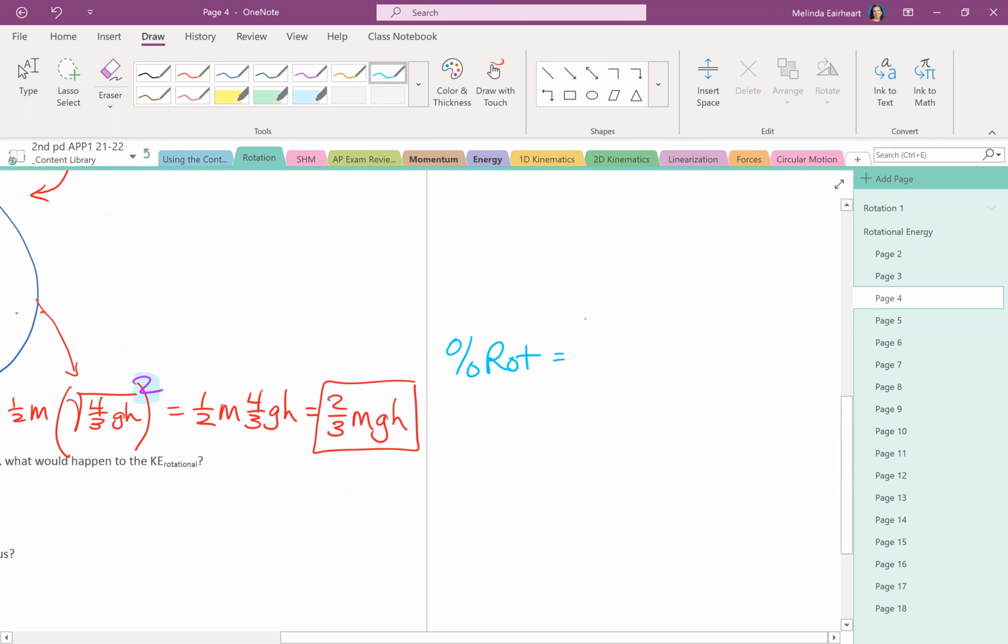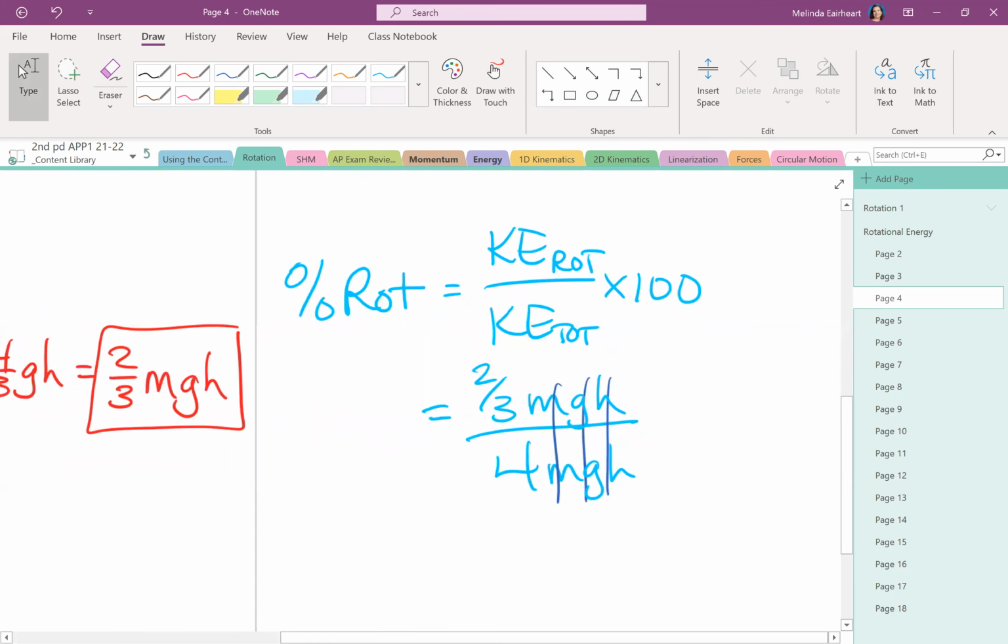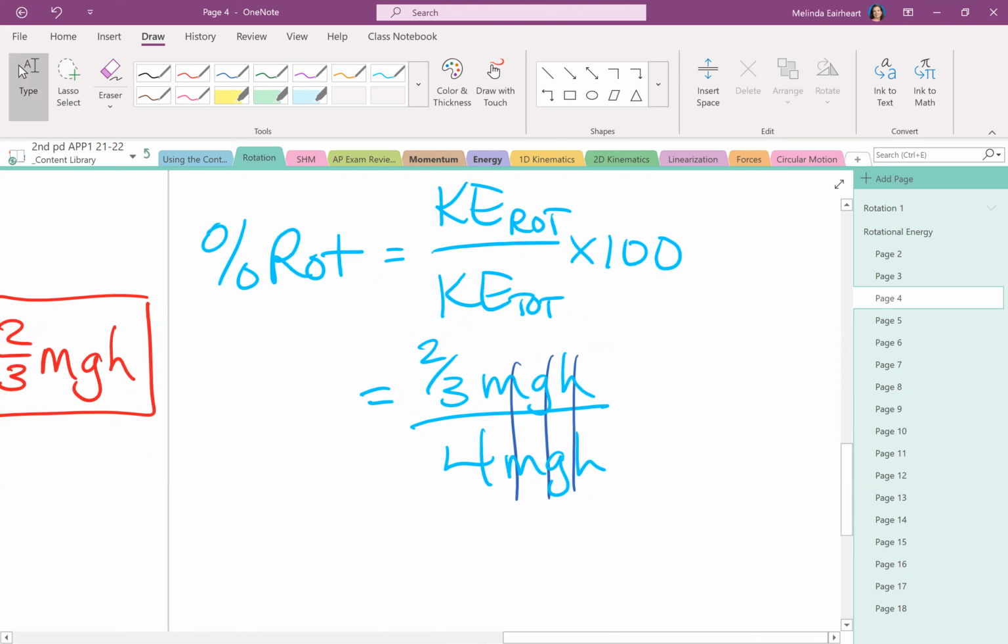It would be your rotational kinetic energy divided by your total times 100. So we have 2/3 MGH over 4 MGH. MGH as a variable cancels out.